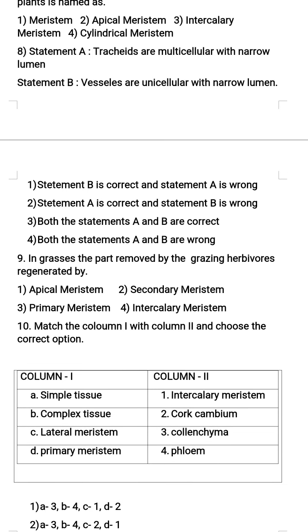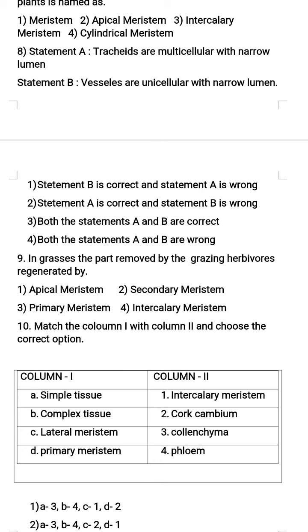Statement B is correct and statement A is wrong. Now second option. Statement A is correct and statement B is wrong. Now third option. Both the statements A and B are correct. And last but not least, fourth option, both the statements A and B are wrong.